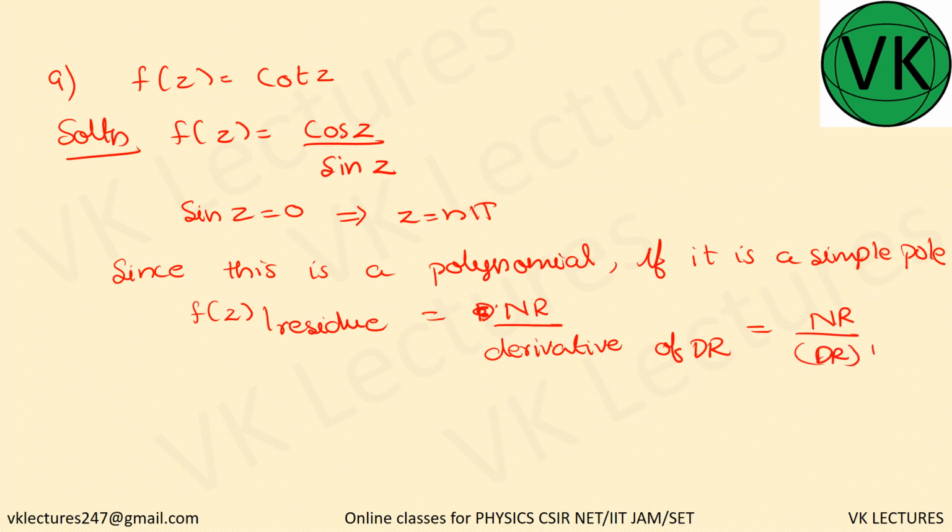In this case, the residue at z equal to n pi: the numerator is cos z, and the derivative of the denominator is also cos z, so at z equal to n pi the residue is equal to 1.